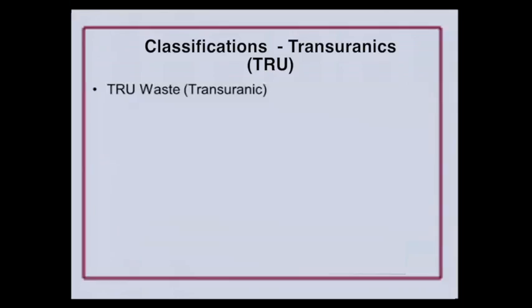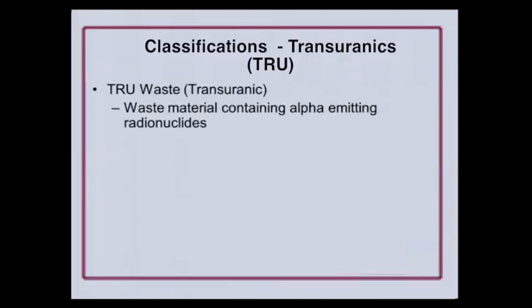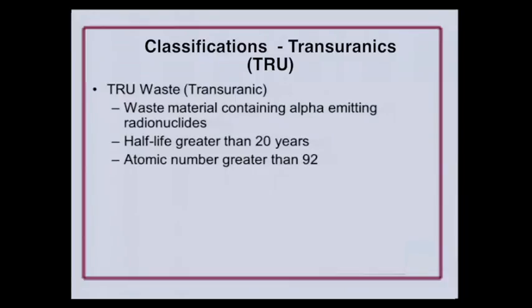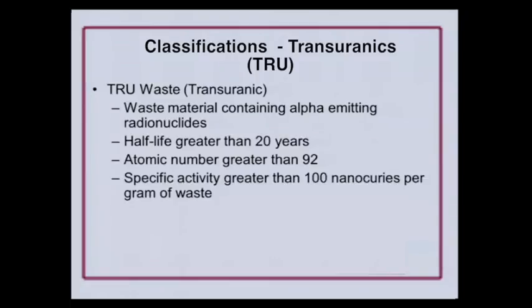So here's our classification. Transuranic waste is defined as a waste containing alpha-emitting radionuclides, half-life greater than 20 years, atomic number greater than 92, and we have a specific activity limit.